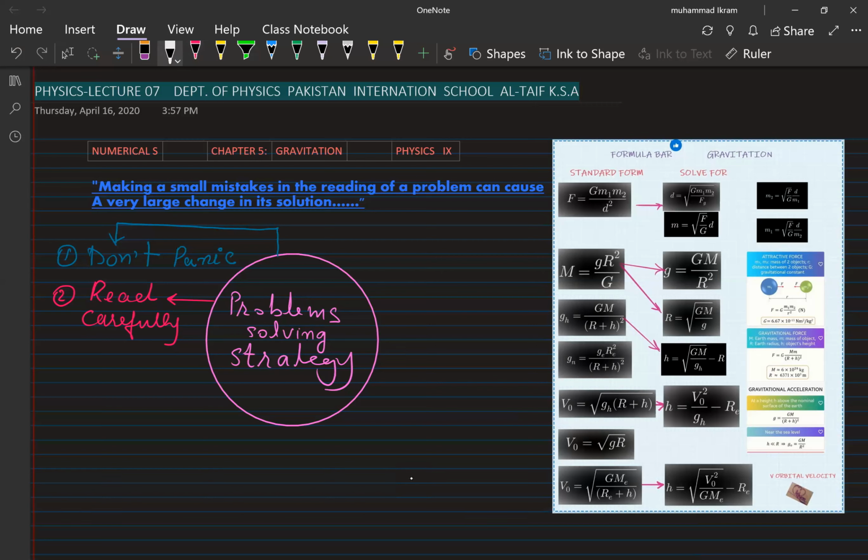So that is important for the identification of the physical principles that are involved, through which principle we can solve the given problem.